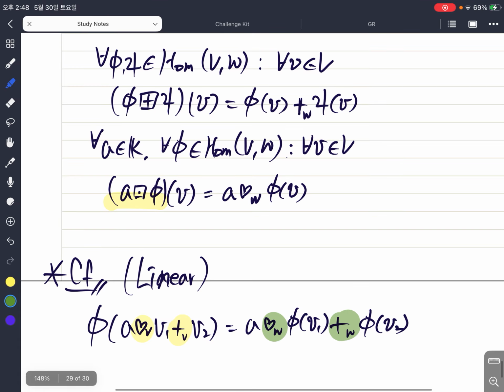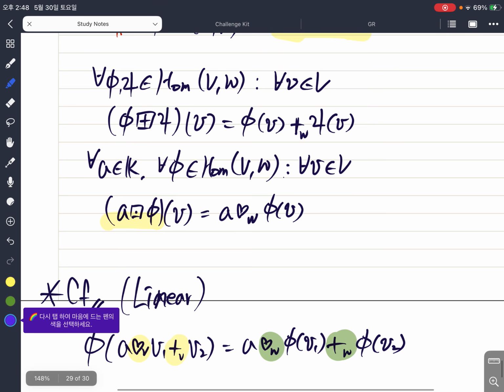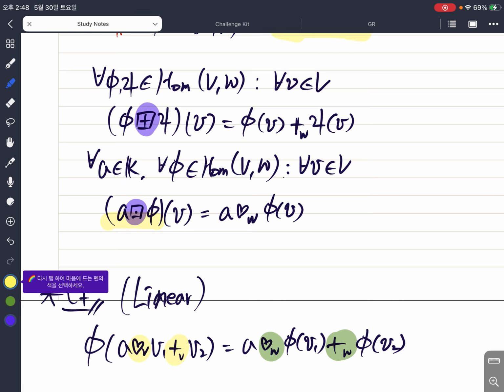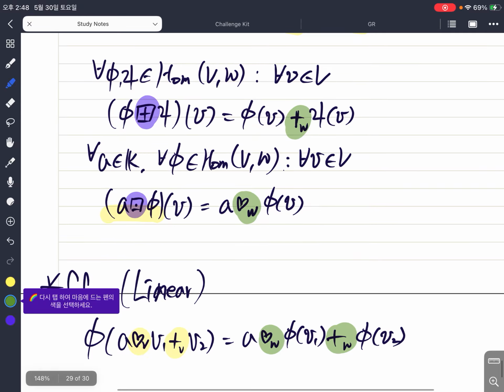But when we define a vector space, it is different. You see the summation and scalar multiplication in the map, but still what they become is the target addition and target scalar multiplication.